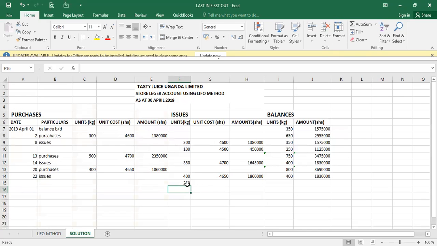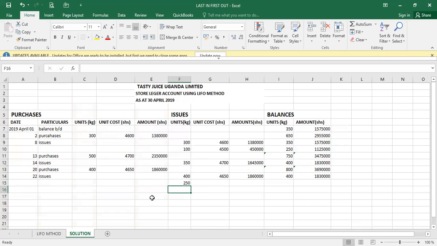But remember, this 250 is supposed to be part of this recent purchase of 500 units. But on these 500 units, we issued out already the 350.